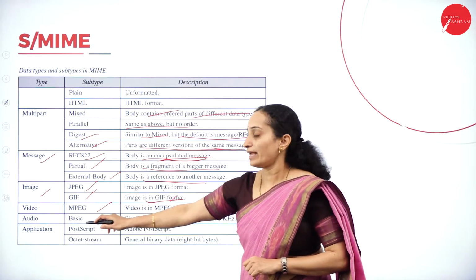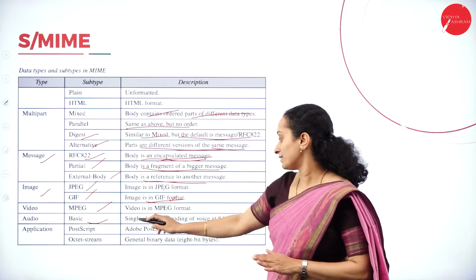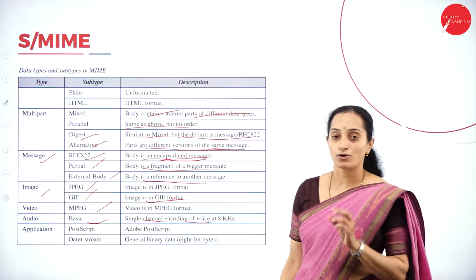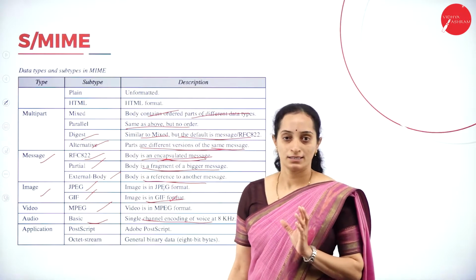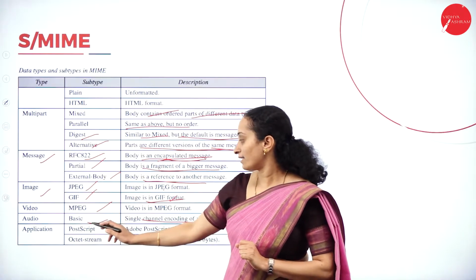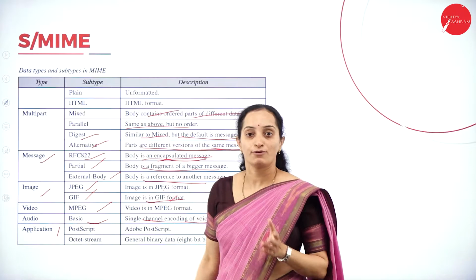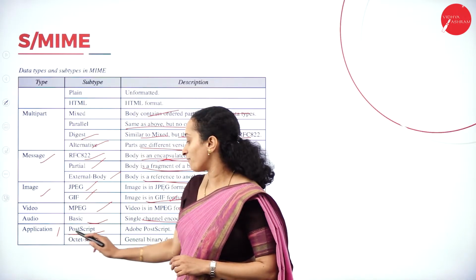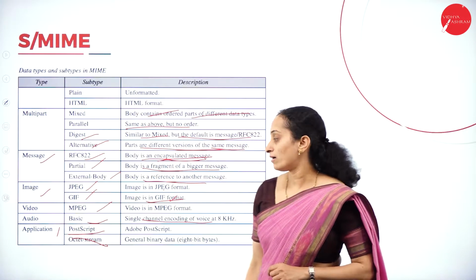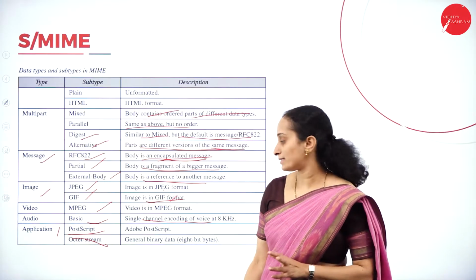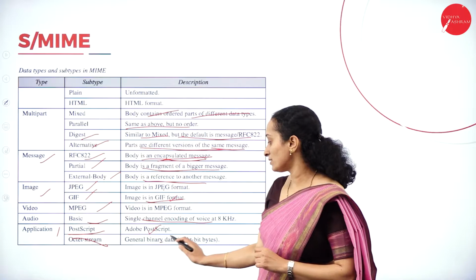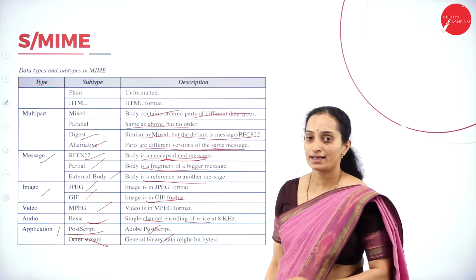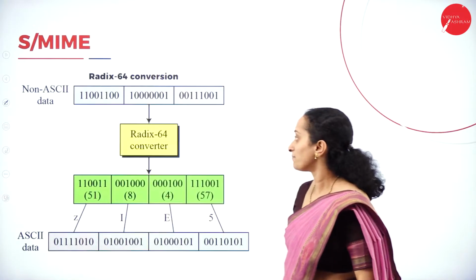When you take audio, it will be basic single channel encoding of the voice at 8 kilohertz speed. Then we have various applications if you want in the mail. You will have PostScript and octet stream formats. So we have Adobe PostScript that we can use and the general binary data that can be represented.